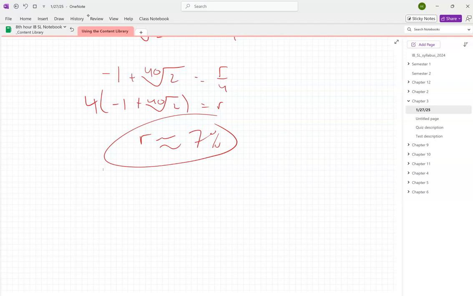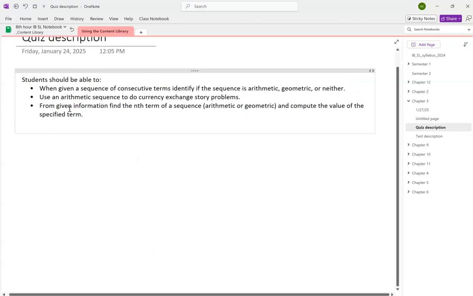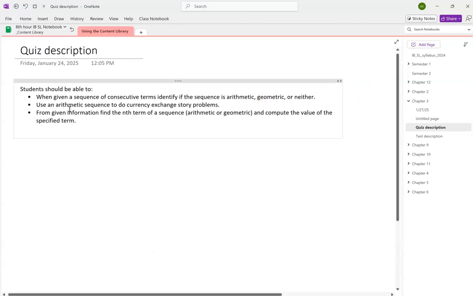Again, what's happening on Friday? Quiz on 3.1, 3.2, 3.3. I think I have the quiz description already up in here. So again, you should be able to identify if a sequence is arithmetic, geometric, or neither. You should be able to use arithmetic sequences to do currency exchange. So it'll give you a rate of exchange.